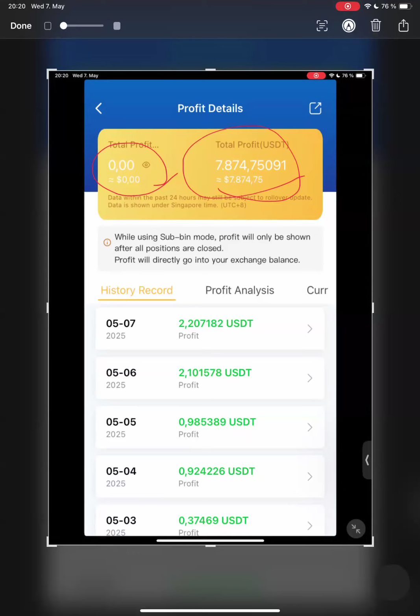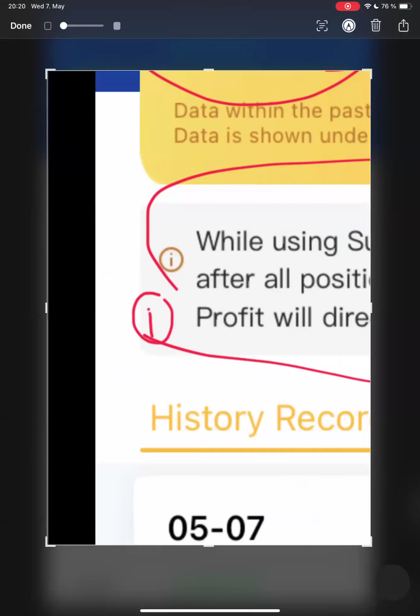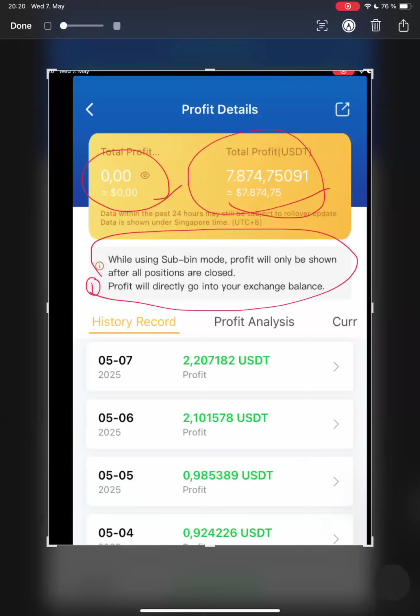Now, there is an information here. Anytime you see an I circled, it stands for information. So RoyalQ is trying to inform us that if you are using sub-bin mode, profits will only be shown after all positions are closed. What are they trying to say?